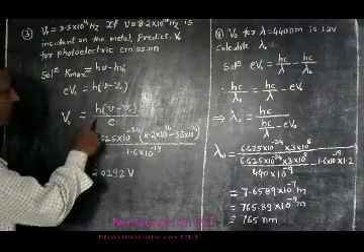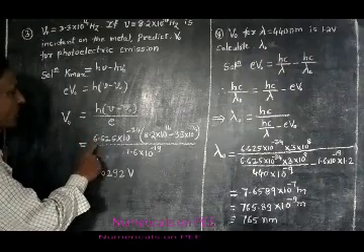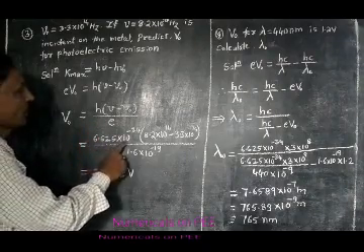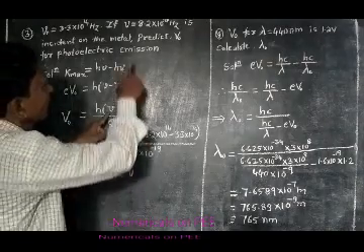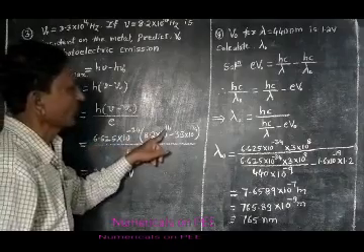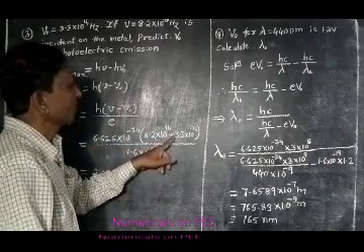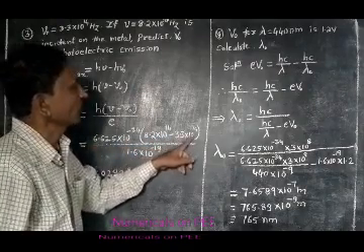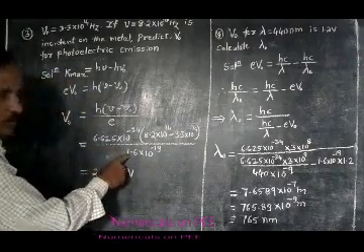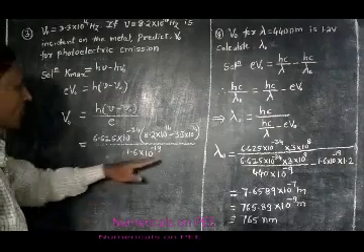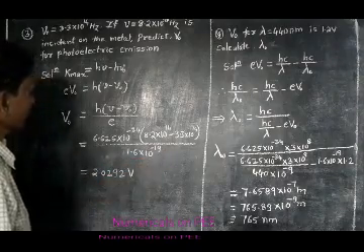Here h is constant, its value is 6.625 into 10 to the power minus 34, nu equal to 8.2 into 10 to the power 14 minus nu naught 3.3 into 10 to the power 14, upon e equal to charge on electron 1.6 into 10 to the power minus 19 coulomb.